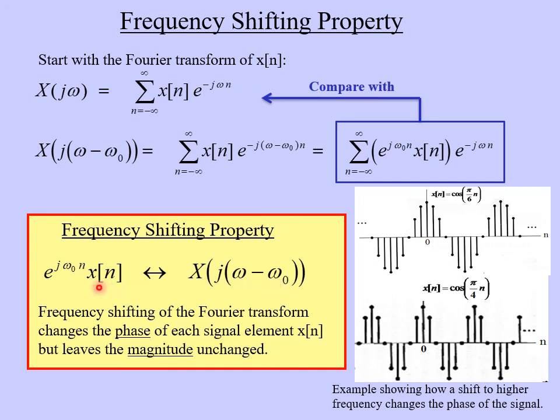And what that does is, that means in the time domain, we have x of n, but we have this phase factor e to the j omega naught n. And omega naught here, this frequency here, that's the amount of frequency shift that we did over here in the transform.